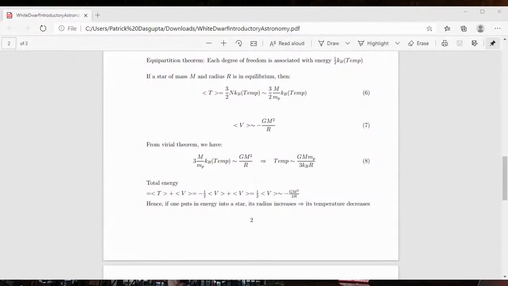But for a sun-like star, the core temperature cannot become so high as to start the fusion of carbon and carbon or oxygen and oxygen, because they are heavier elements with a very large nuclear charge.